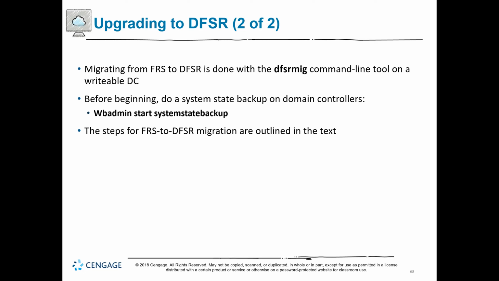Or if you have virtual servers, like we've talked about several times, set a restore point, do things to make your life easier in the long run. So for this one, it's wbadmin start systemstatebackup. And then there are some steps in your text for the FRS to DFSR migration.